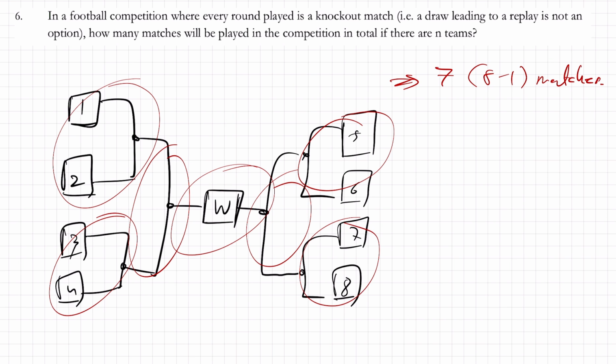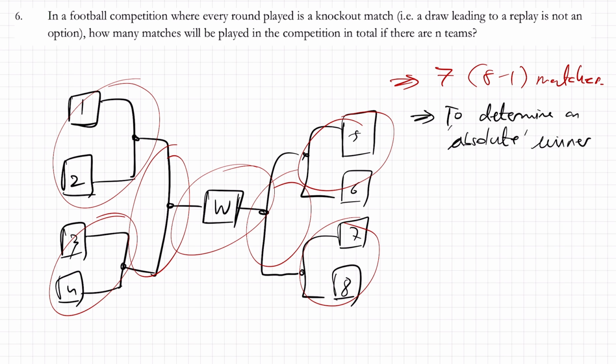And perhaps we can generalize this to say we play to determine an absolute winner. So this is one team which we know is definitely better than every other team.